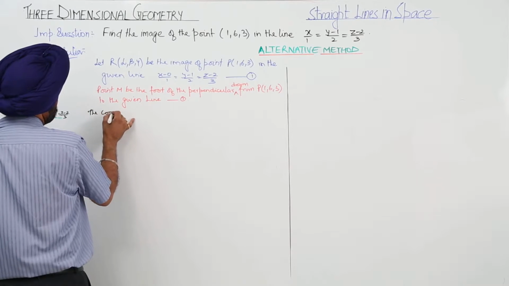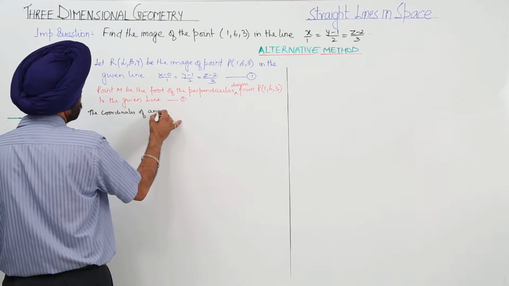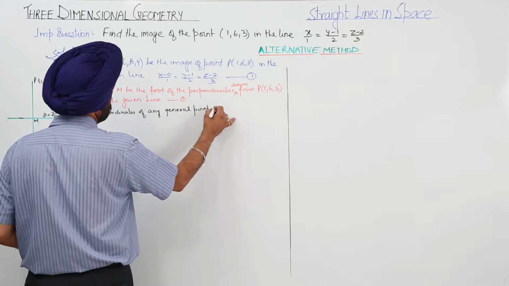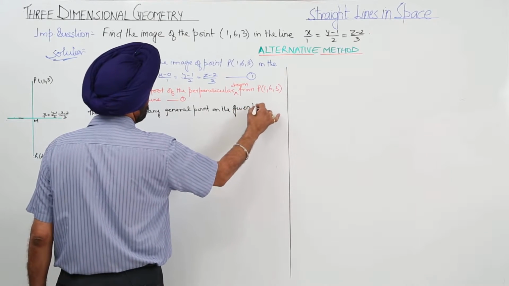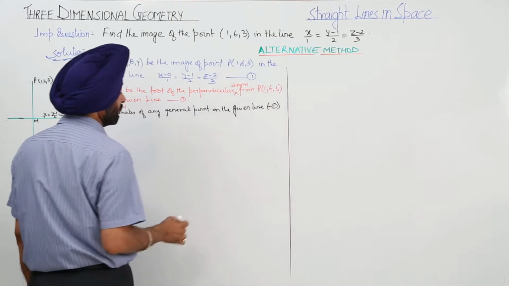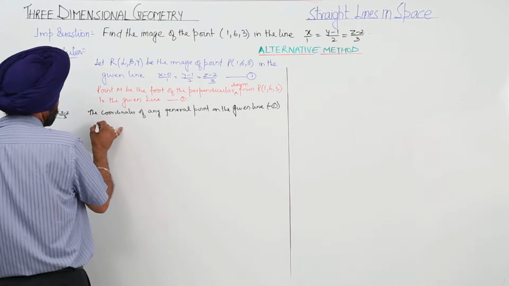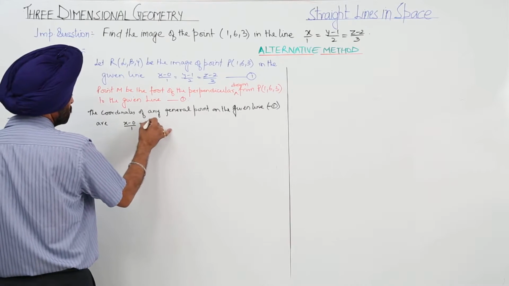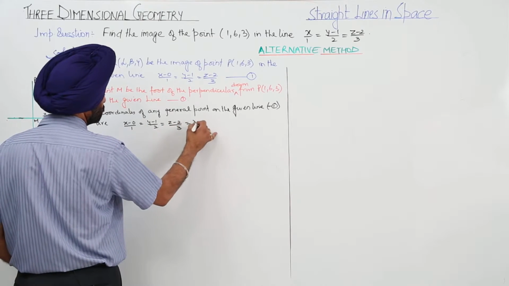Now, the coordinates of any general point on the given line, that is 1, are: (x minus 0) upon 1 is equal to (y minus 1) upon 2 is equal to (z minus 2) upon 3 is equal to lambda.